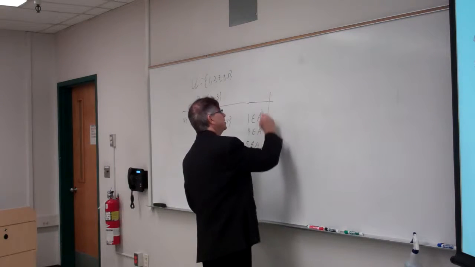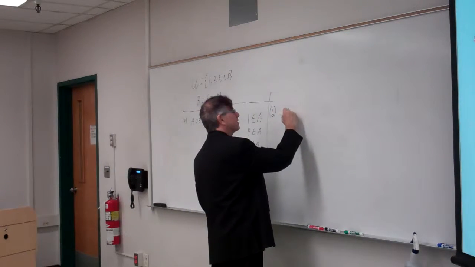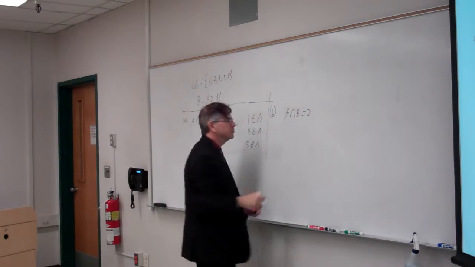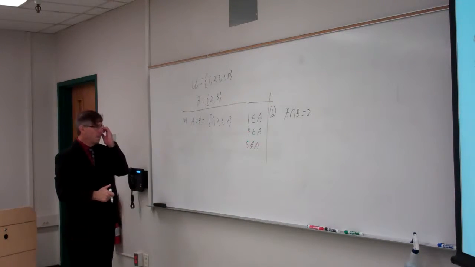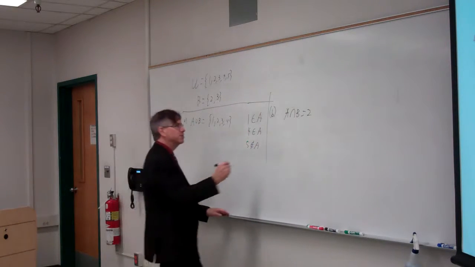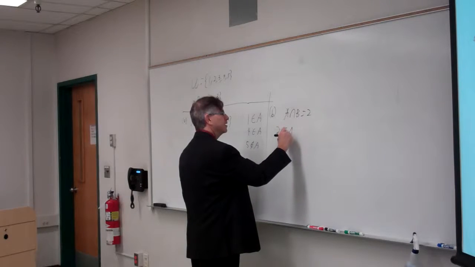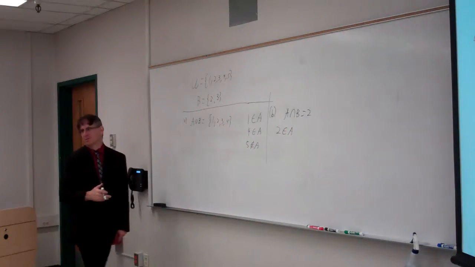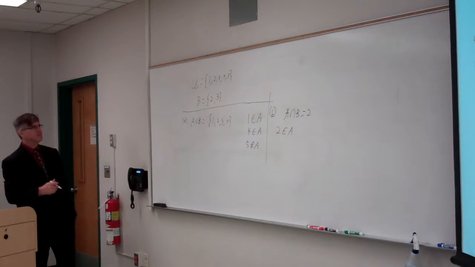And then in part B, if the intersection is 2, well, we know that 2 has to be an element of A, because otherwise it wouldn't be in the intersection.